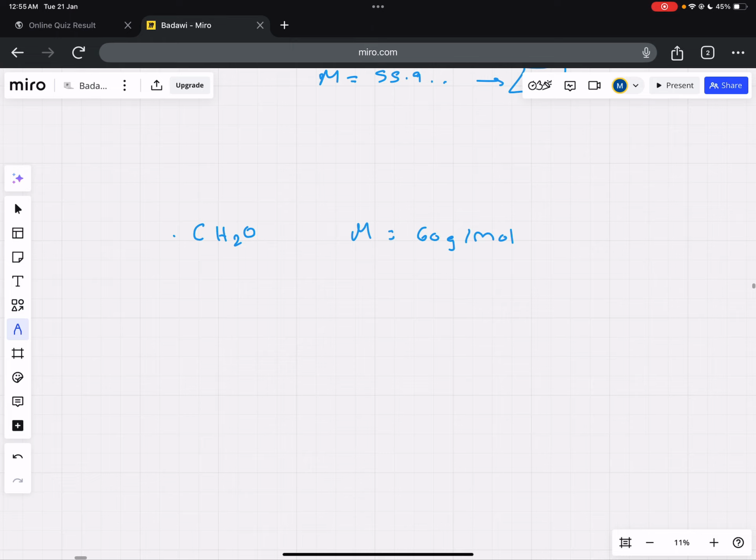Okay, so I want to find the molecular formula. This is very simple. Since I have the total molar mass, I know that the molar mass of carbon is 12 times X, plus 2X for hydrogen, plus 16X, equals 60. Then I will find X to be 2. So my molecular formula will be C2H4O2.